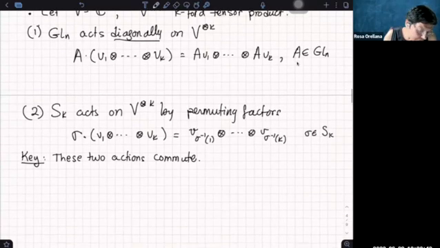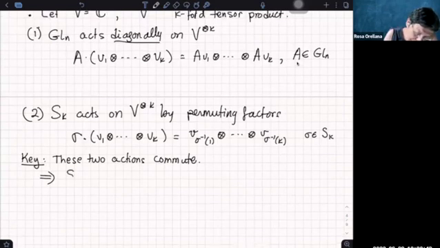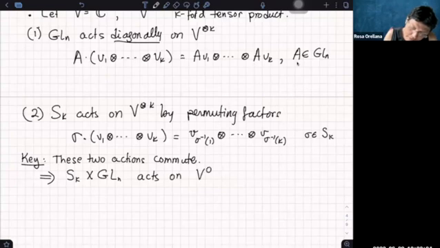And why is this important for us? Because this implies that if I form the group SK cross GLN, the direct product of two groups, this group acts on V tensor K, and the action is well-defined.